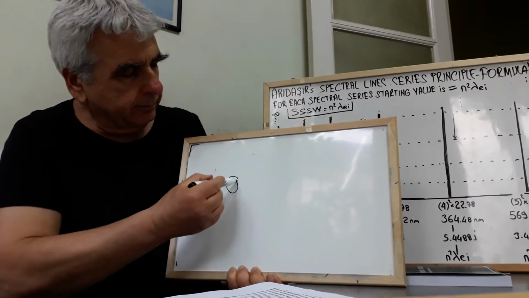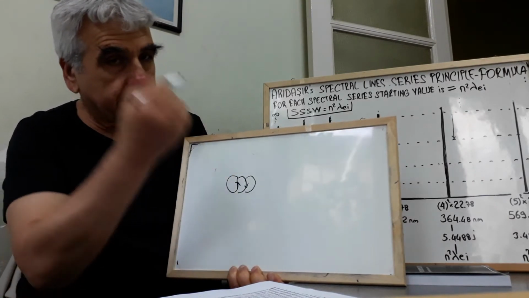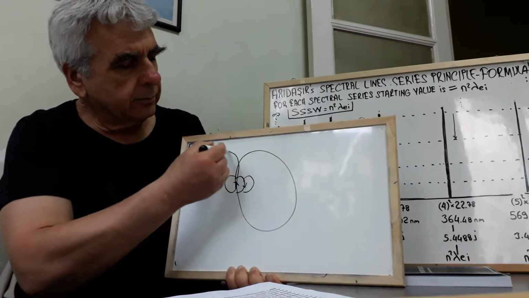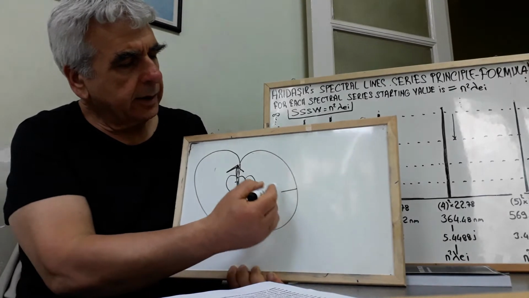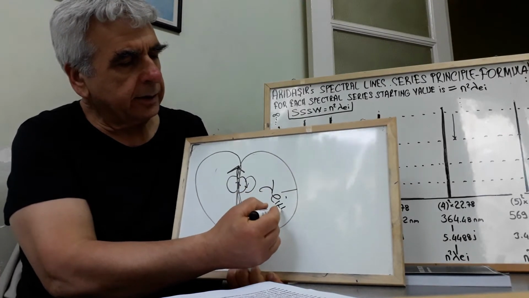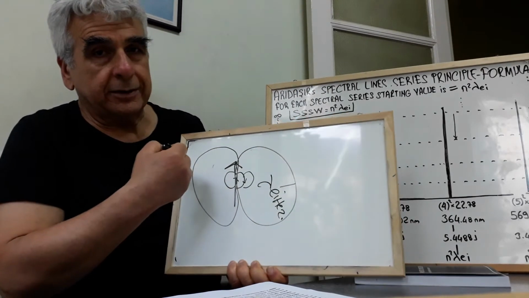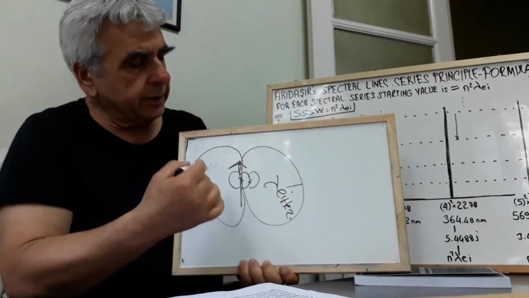Say here proton, okay. And now this is proton-bounded electron. And here lambda EI, helium 2. And bigger one electron I don't want to draw here now.